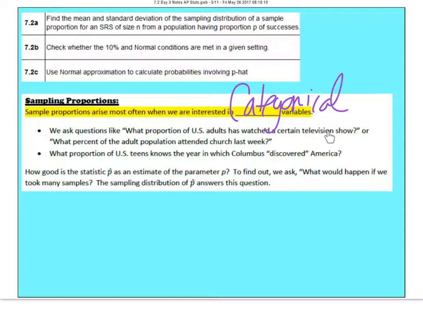The answer is a word. You can't compute the mean of a word, but you can compute the proportion of people that said yes, I watch it, or no, I don't watch it. So before you start any problem going forward, you need to think about whether it is categorical or quantitative. If it's categorical, we're going to look at proportions. And we're going to get to it soon, but if it's quantitative, we actually look at the means.